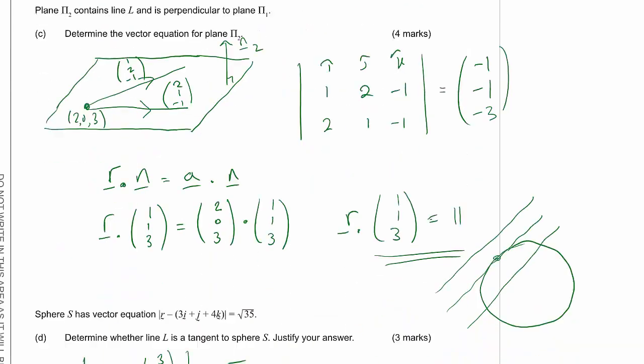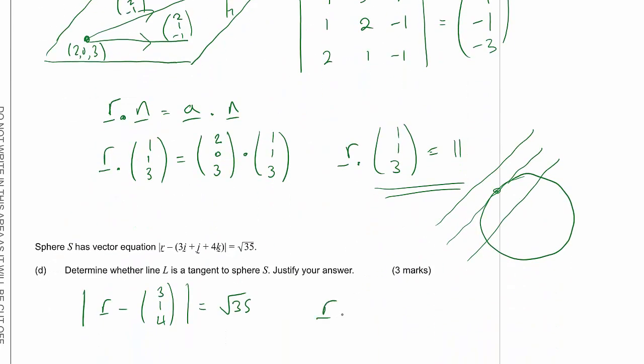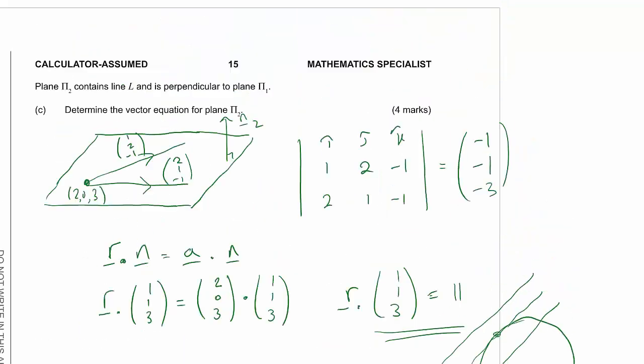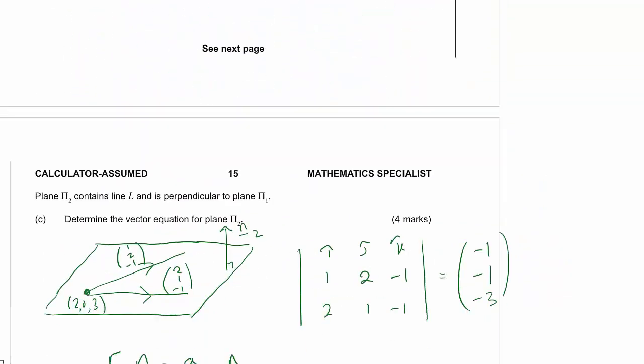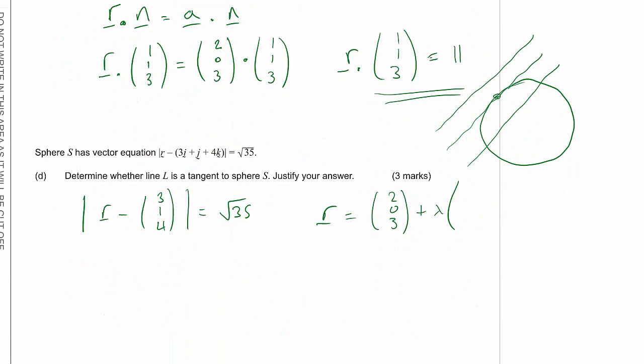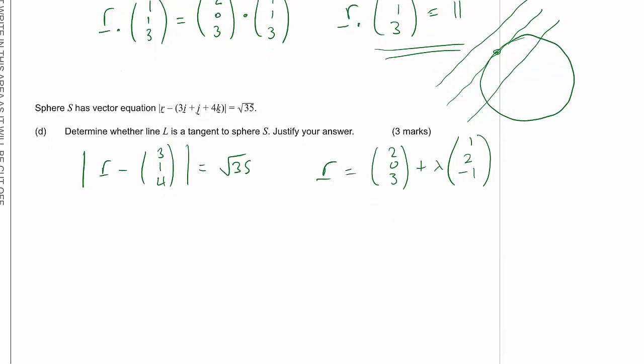It was (2, 0, 3) plus lambda (1, 2, -1). And so we can substitute that into here.